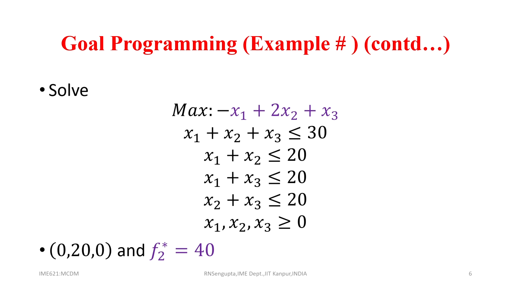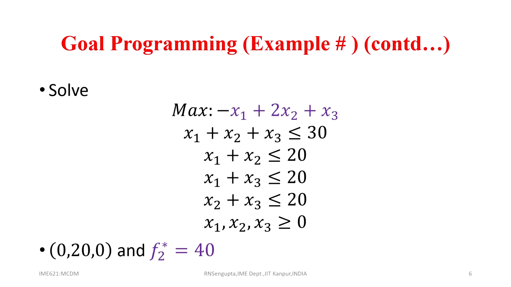For the first objective, the decision point is 20, 0, 0, and the objective function maximum is 40. For the second objective, the decision variables are 0, 20, 0, and the maximum is 40. For the third single objective, the solution point is 0, 0, 20, and the objective value is 40.